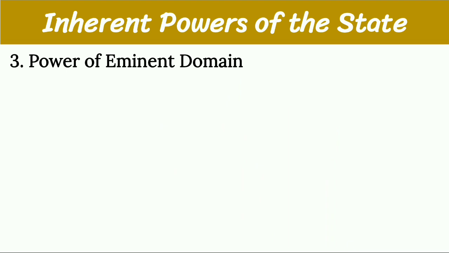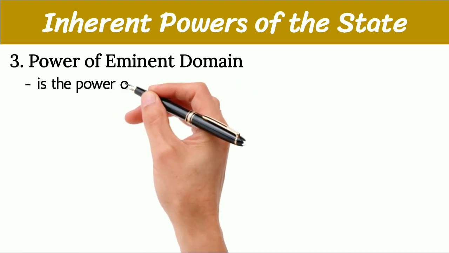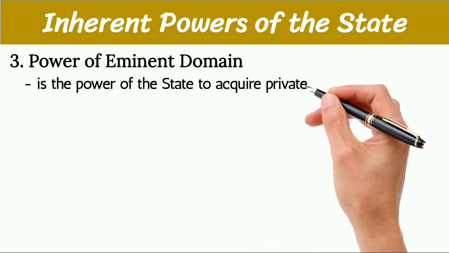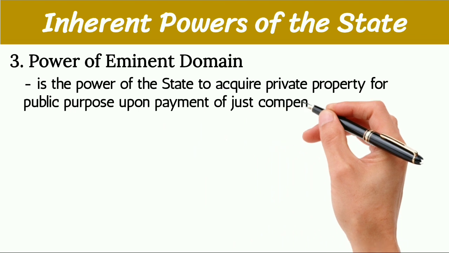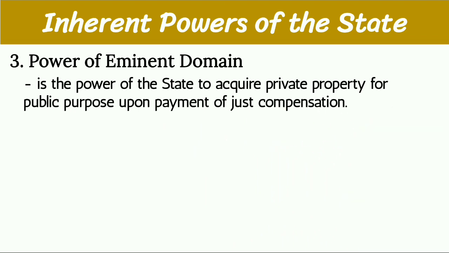The third inherent power of the state is the power of eminent domain. The power of eminent domain is the power of the state to acquire private property for public purpose upon payment of just compensation. Ang sabi dito, it is the power of the state to acquire private property. Bakit kailangang i-acquire yung private property? Of course, that is for public purpose.